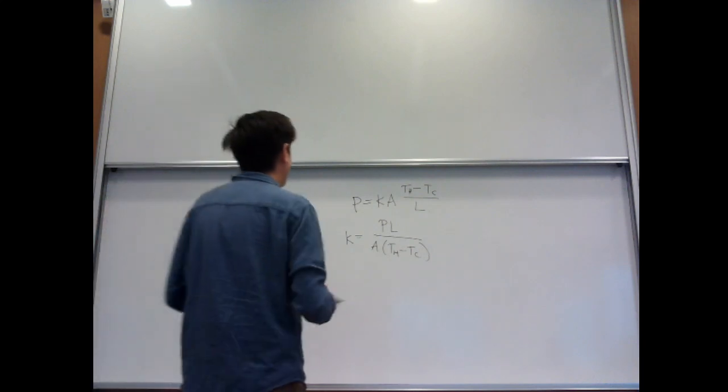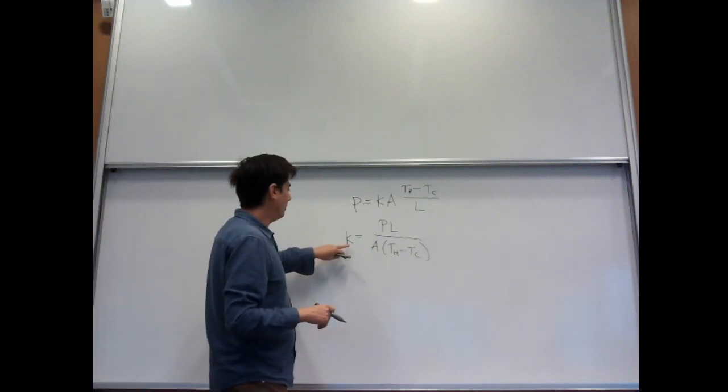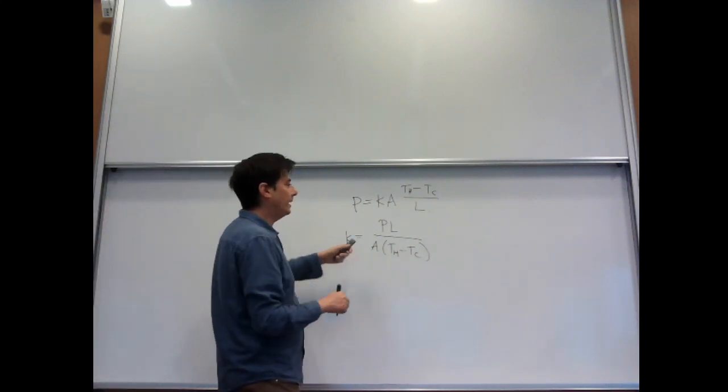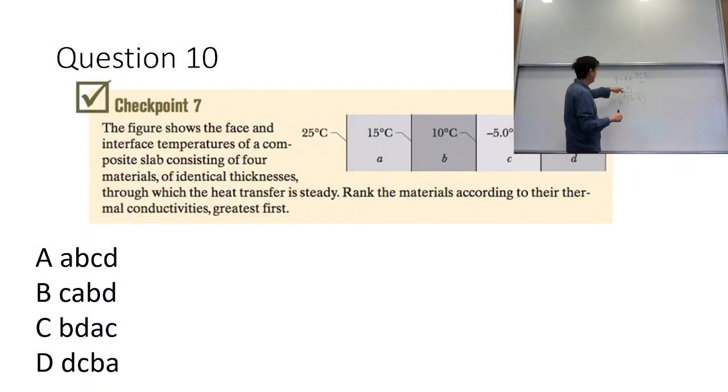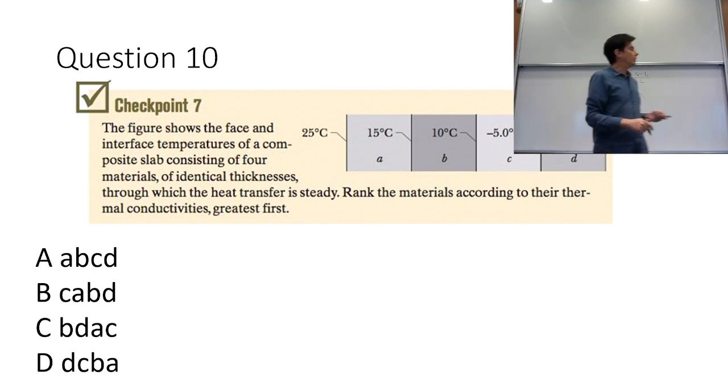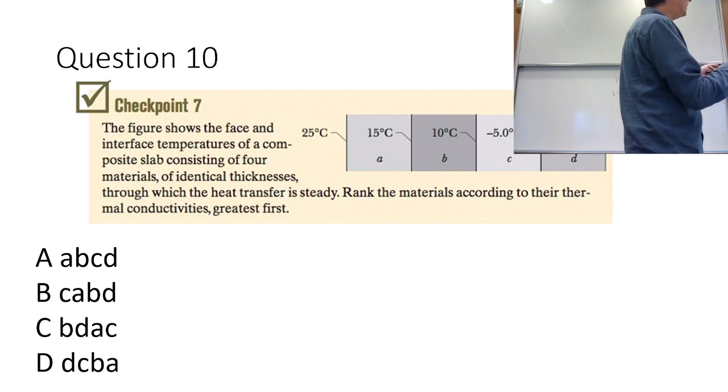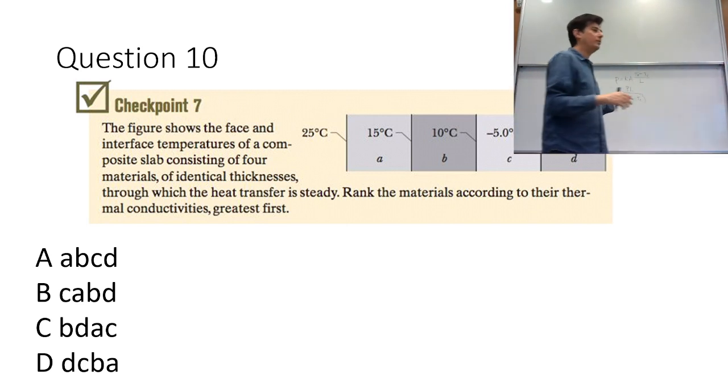We want this to be large. The power is the same, we're told the length is the same, they're the same thickness, and the cross-sectional area is the same, so these are all the same for every one of those. The only thing that's different is the temperature difference, so to make K large, you need to make this small. That's why the smaller temperature difference means the larger thermal conductivity.